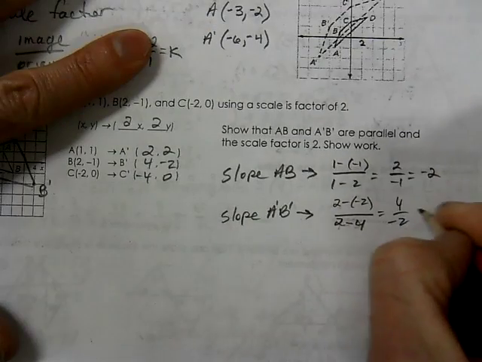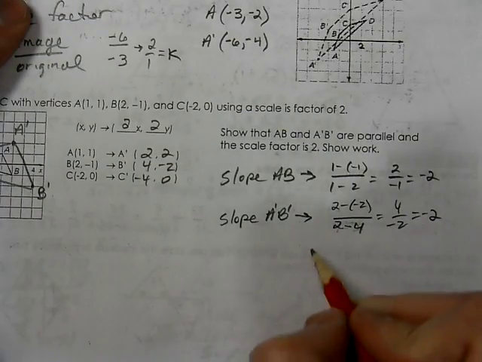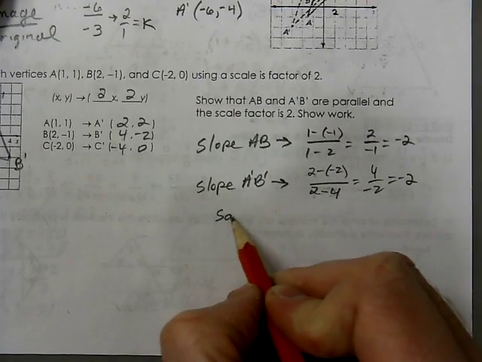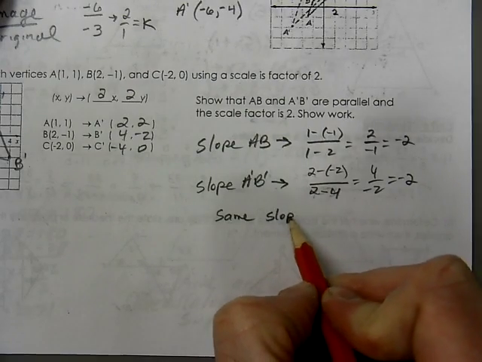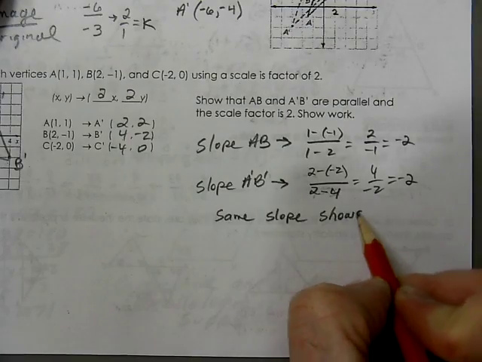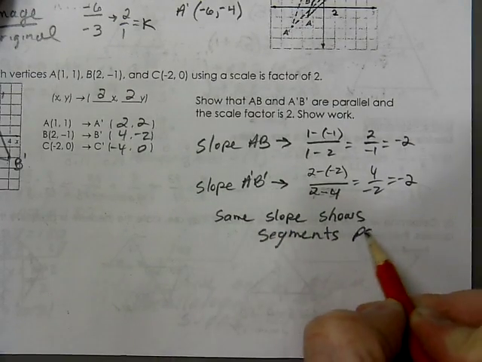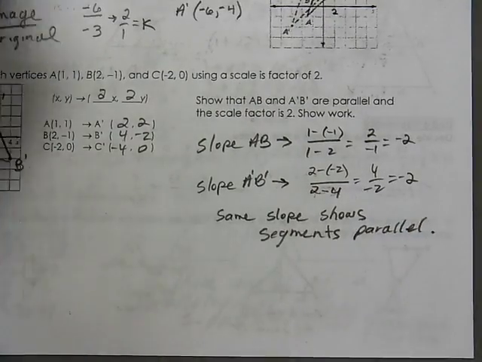That gives us 4 over negative 2, which has that same slope. Same slope. Shows segments parallel.